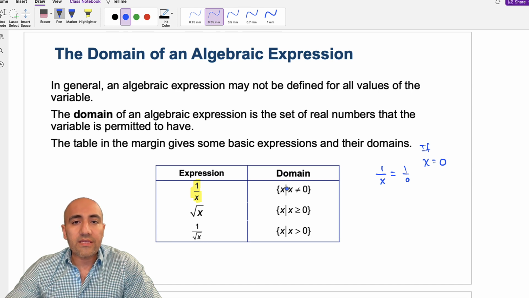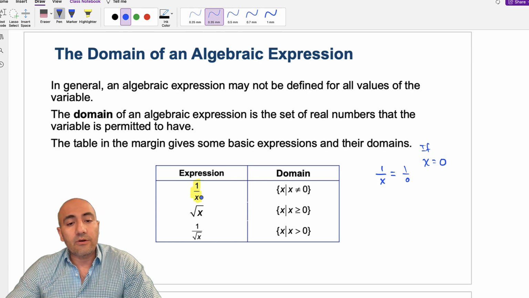This bar reads 'such that.' So when you read this, you say the answer is x such that, and then you put a condition. The condition is simply that x is not equal to 0. By default, it could be anything else as long as x doesn't equal 0. That's how you express the domain of this value. It could be anything except 0.